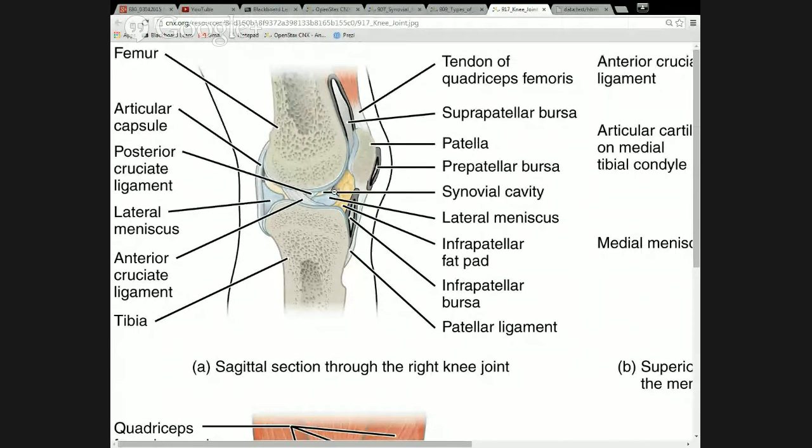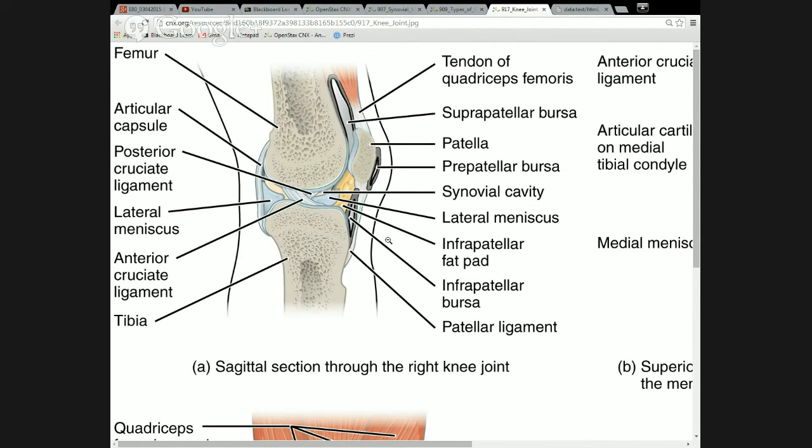It's actually open a little bit, and the fluid within the synovial cavity of the knee can actually work its way up into other spaces around the knee. If you've ever heard of somebody having water on the knee, that's really because the synovial fluid from the knee joint is getting displaced or leaking into other areas around here, which is very unusual for a synovial joint.